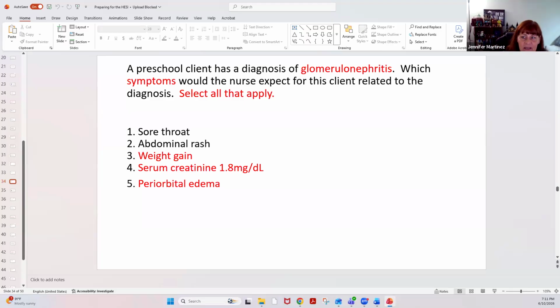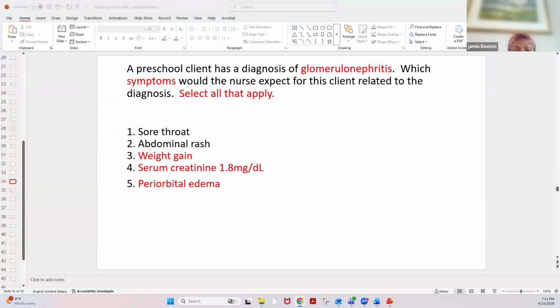Why does the swelling occur? Because fluid is not being filtered, or waste. Okay, it's because the fluid isn't being filtered.